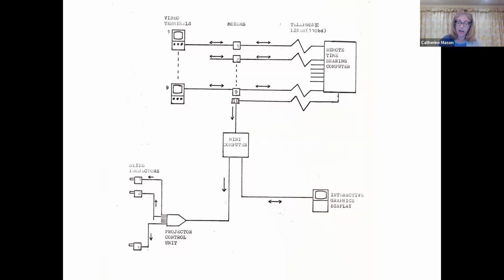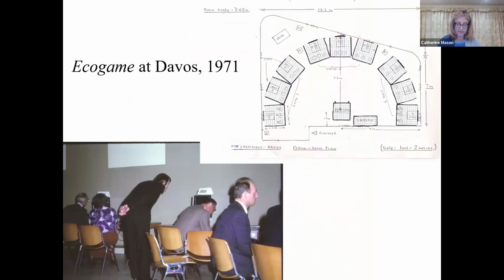It lies in its output as a graphic, qualitative interpretation rather than a purely numerical interpretation of what was happening to the economy that was created by the participants in the game. And of course, every game was different because every participant was different and produced a completely different scenario each time. So after being shown in London in 1970, it toured to the first European Management Symposium in Davos.